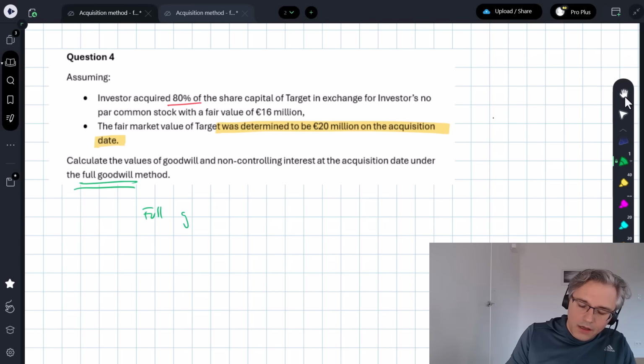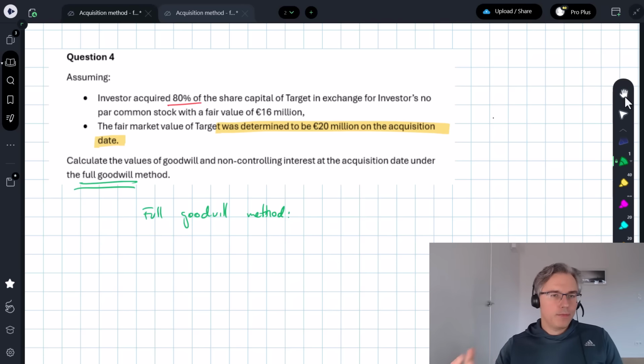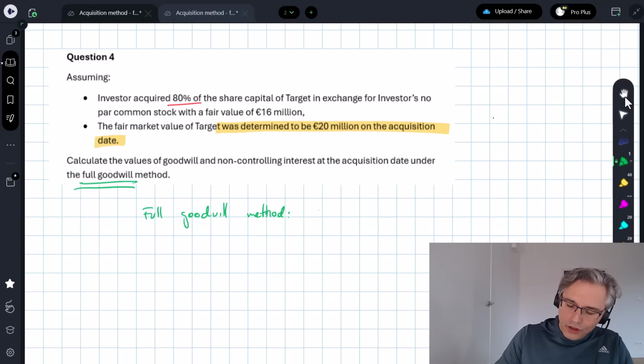So, under the full goodwill method, you don't start off with how much you paid for 80% of the company. No, you start off with the fair value of the subsidiary, but 100%.